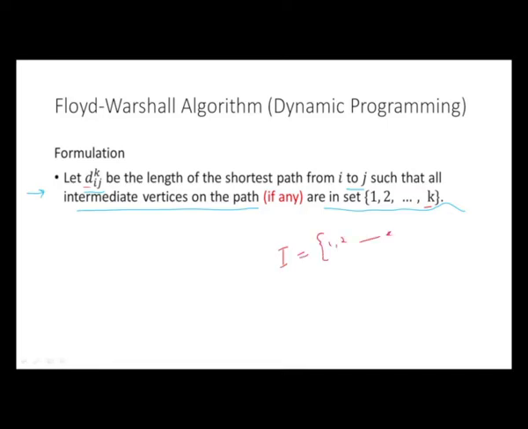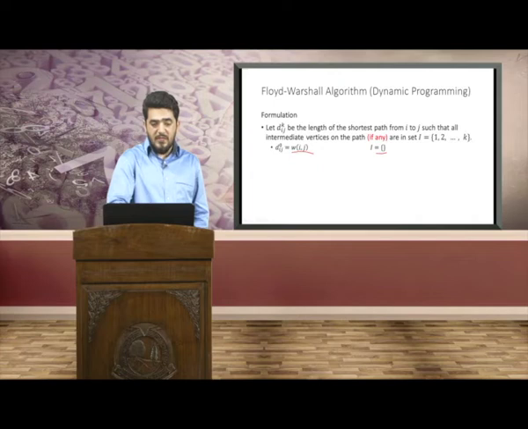up to k. So, if k is equal to 0, it means the set of intermediate vertices would be empty, or phi, or null. I will use this to define all possibilities of d(i, j) of k.